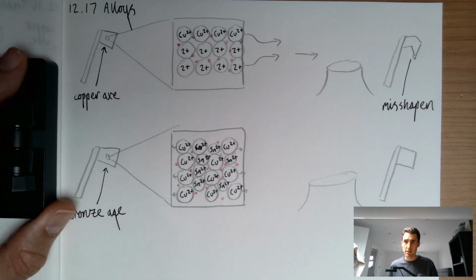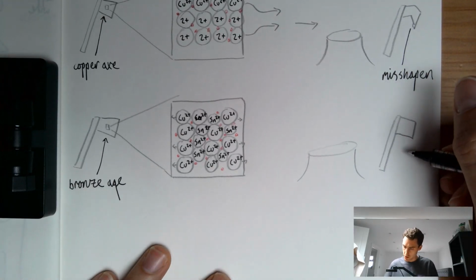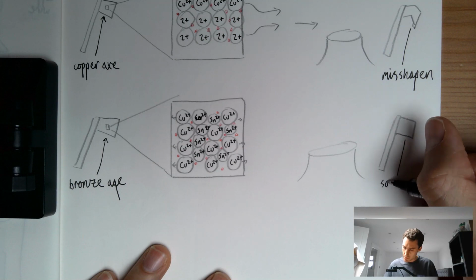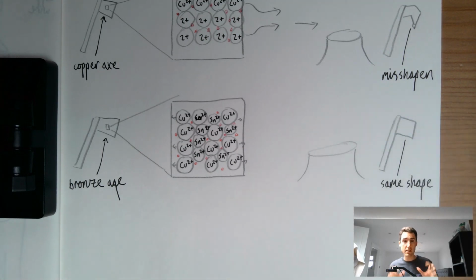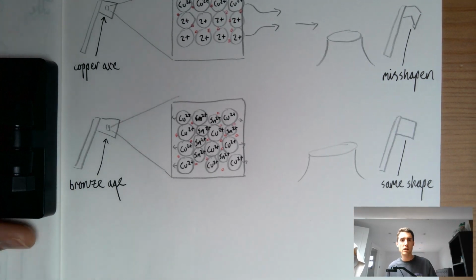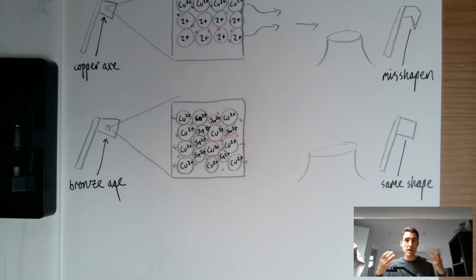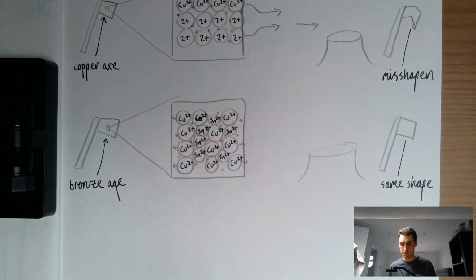And I might add here, although my diagram does not show this, but anyway, same shape. The point is, it's not been bent because of the structure at the atomic level. The metal didn't bend; it didn't change shape. That's why bronze alloy tools are better than those made of the pure metal.